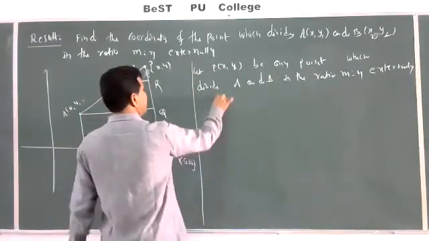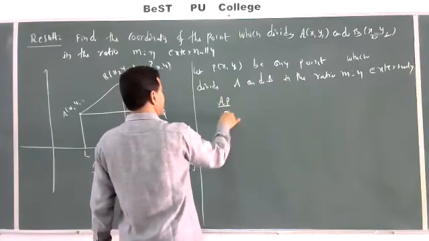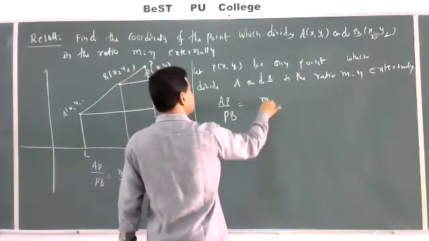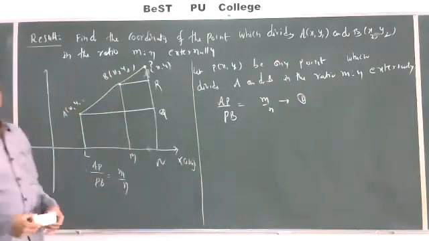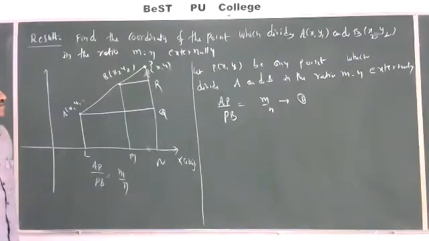So AP by PB is equal to m by n. Let it be equation 1: AP by PB is equal to m by n.